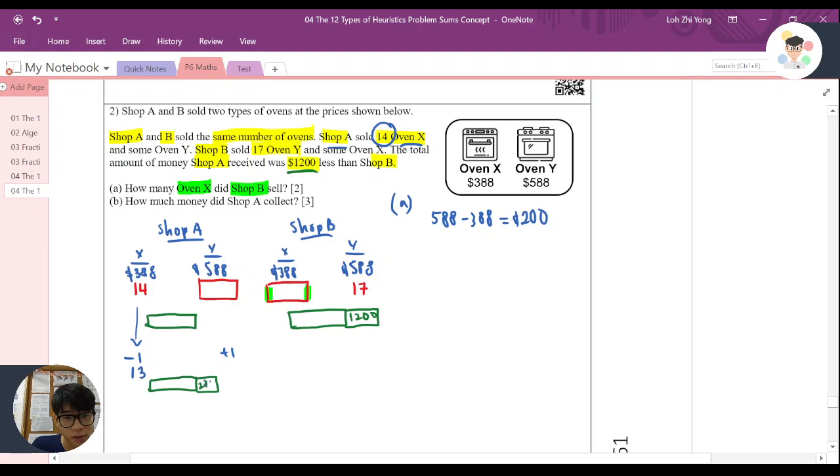Is it correct? This is what we found, the price difference. Y is more expensive, right?